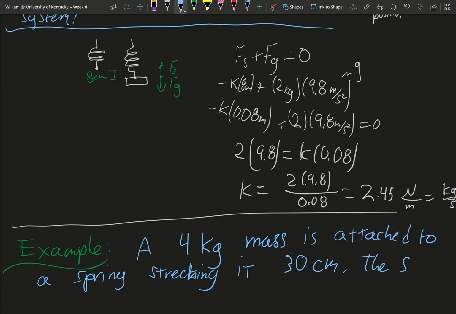The spring is stretched an additional 0.1 meters and released.